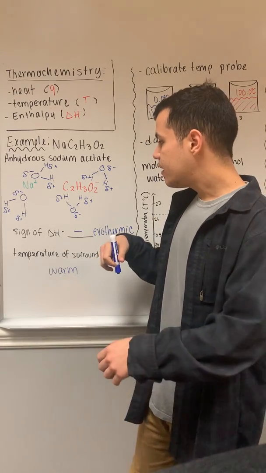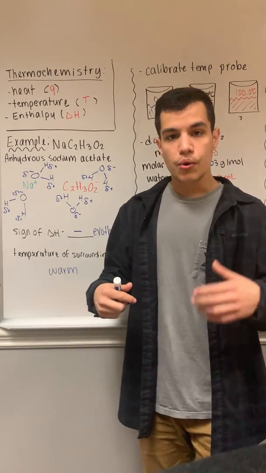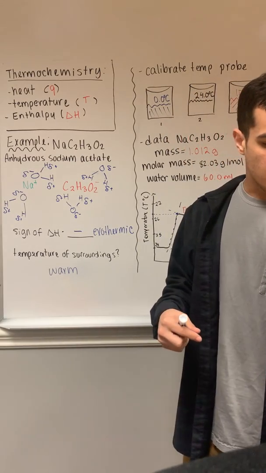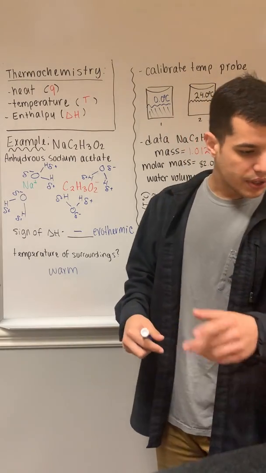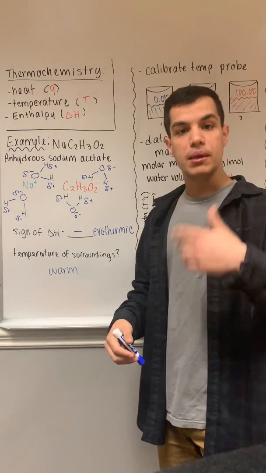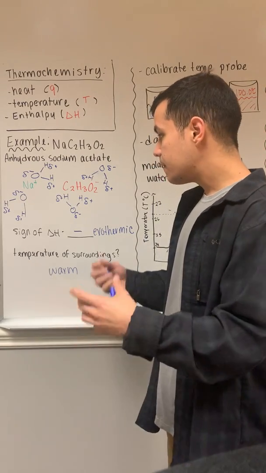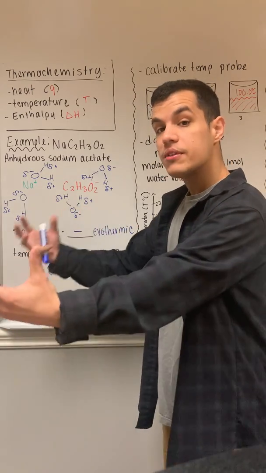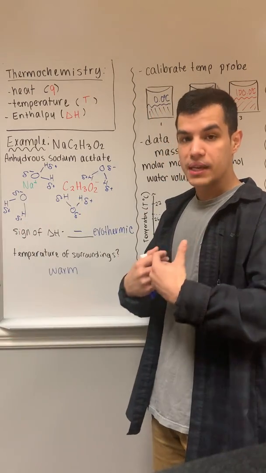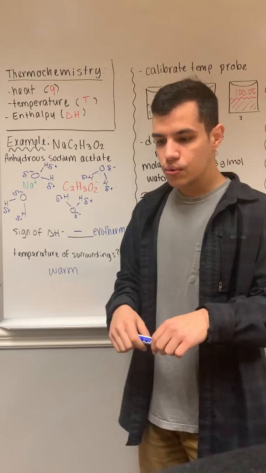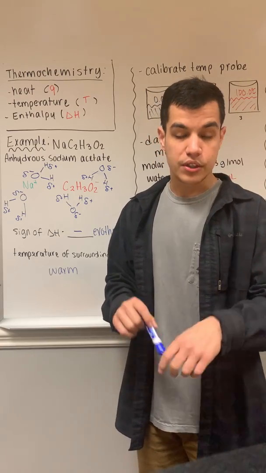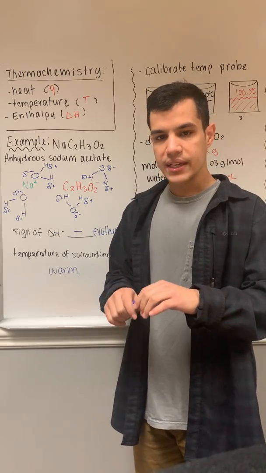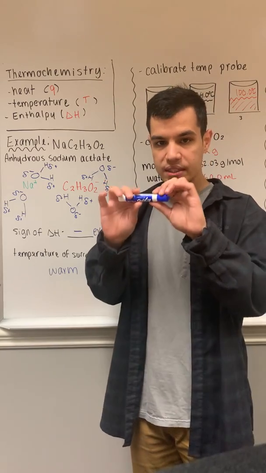But if more bonds were breaking than being made, then that means that it's taking more energy from the surroundings to the system. Because if you want to break bonds, like if I want to break this stick, it requires energy.